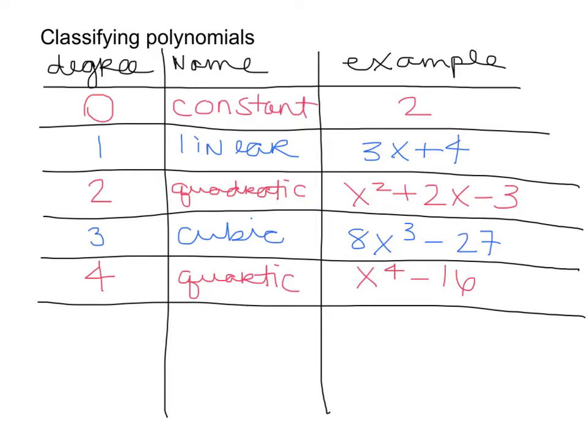And the last one we look at is with a degree of 5, and that's called quintic. An example of a quintic polynomial could be x to the 5th plus 2x to the 4th minus 5x cubed. Again, all that matters is the highest exponent, and the biggest exponent is a 5, so therefore it's considered to be quintic.